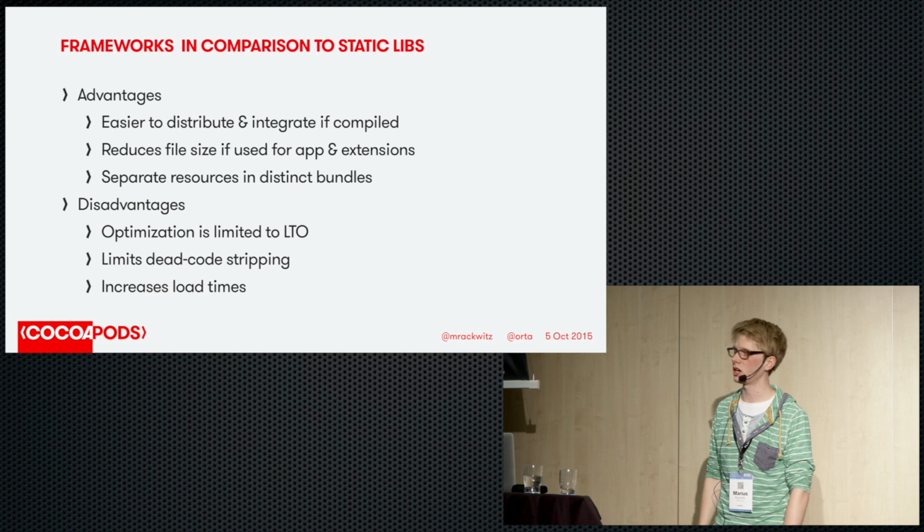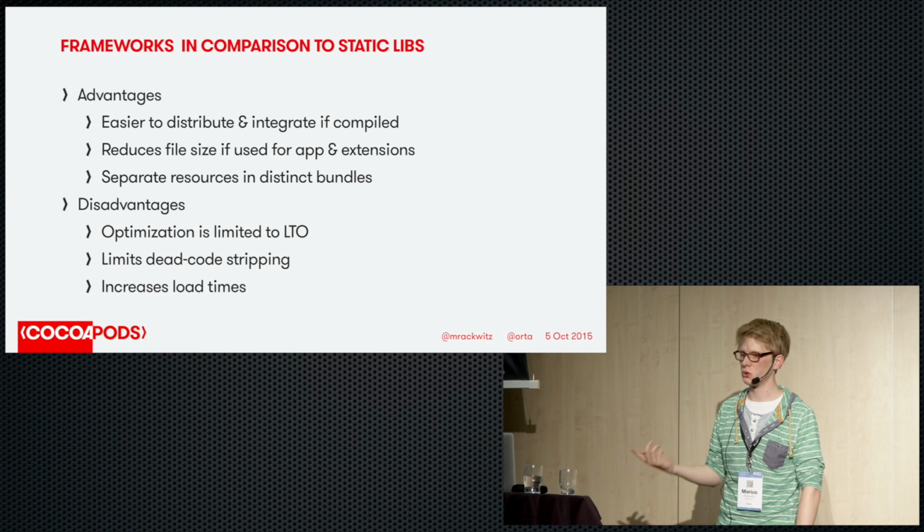Yeah, but something very important to mention here is the increased load times you will have, because when you do it at runtime, there's some overhead for resolving the dynamic links to other binaries.